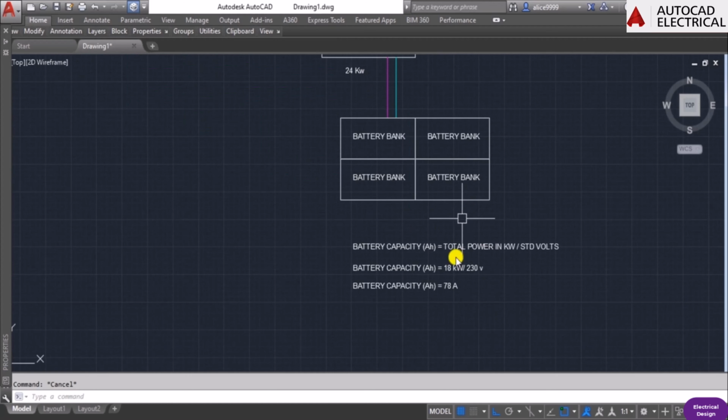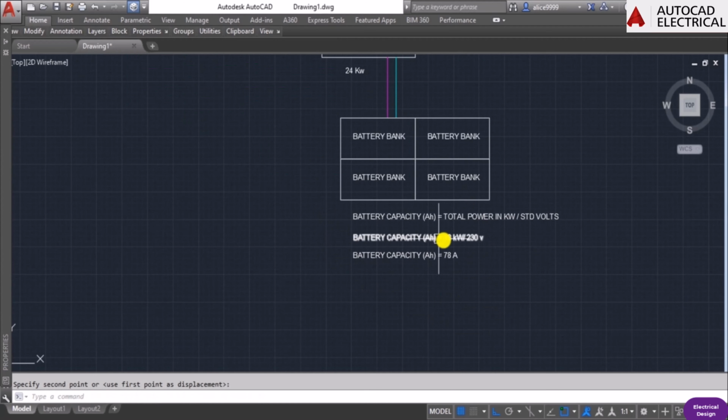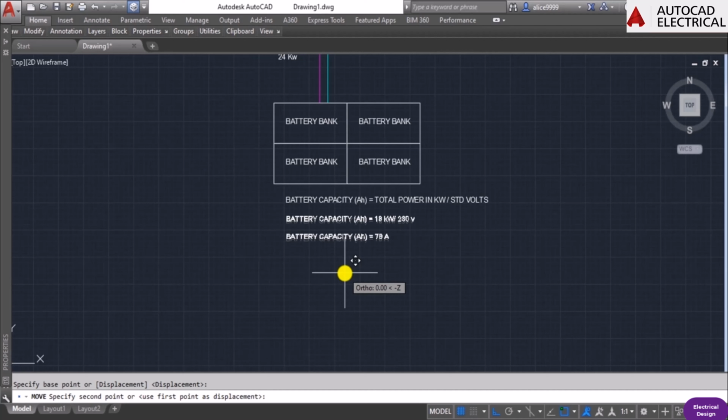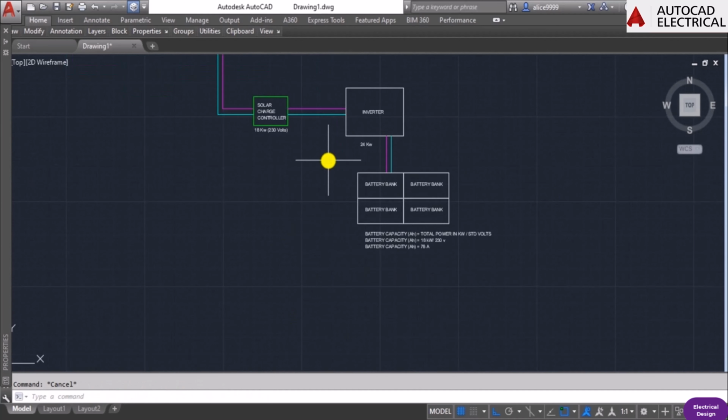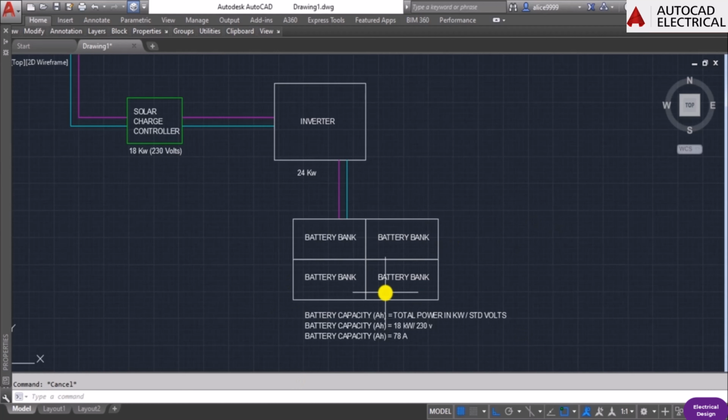So this is the battery capacity we need to calculate as per this formula, and then multiple banks as per the requirement.